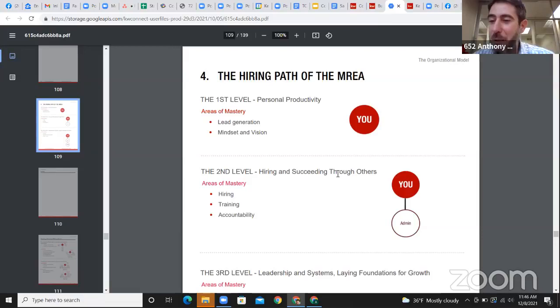And I think I'm allowed to say this because I've coached enough people through their first hire: it's not about you. When you hire your first person, it's not about success through you. It's success through that other person now. I feel like that's a game changer for a lot of people because that's definitely a mindset shift.